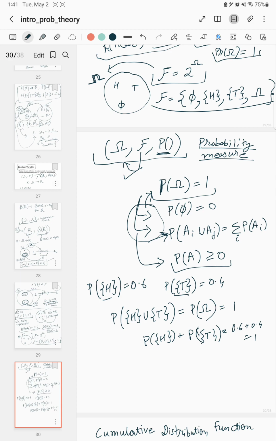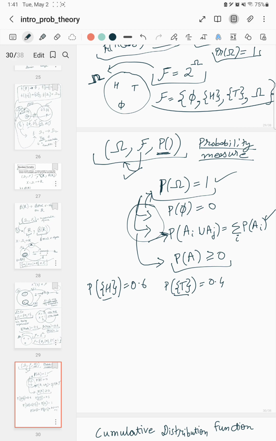Hence from this we got to know that P of omega is 1, and this is also true as we just saw. You can also verify it for all such disjoint sets, and obviously P of phi is 0 as there is no coin toss which gives out no result. It will either give you heads or tails, hence this is an impossible event. P of phi is 0, so this is also verified.